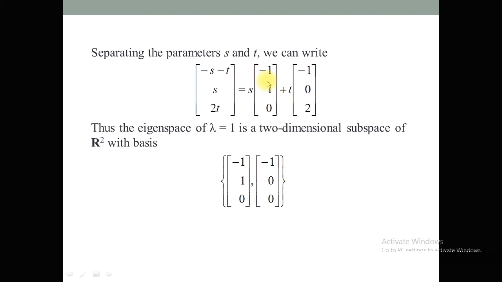If we multiply s with this vector and t with this vector and then add, we obtain minus s minus t, s, and 2t. Thus the eigenspace of lambda equal to 1 is a two-dimensional subspace with the basis minus 1, 1, 0. This is the first eigenvector, and minus 1, 0, 2 is the second eigenvector.